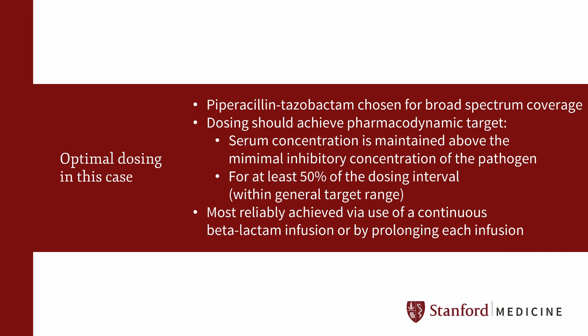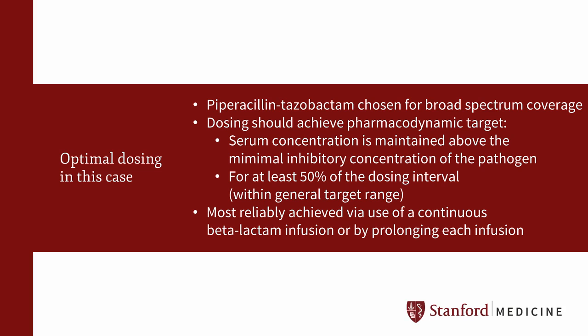For this patient, the clinician decided on piperacillin tazobactam for broad-spectrum coverage. As a beta-lactam, dosing should be aimed at achieving a pharmacodynamic target in which the serum concentration is maintained above the minimal inhibitory concentration of the pathogen for at least approximately 50% of the dosing interval.